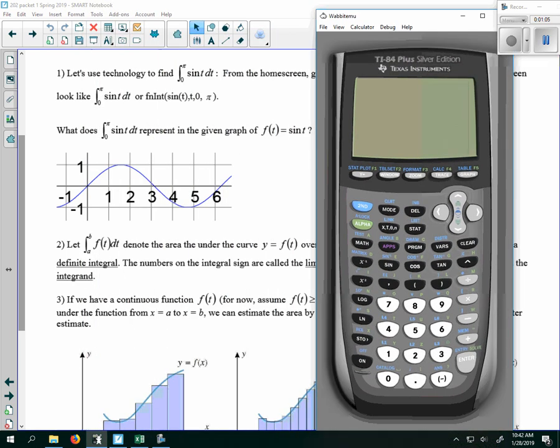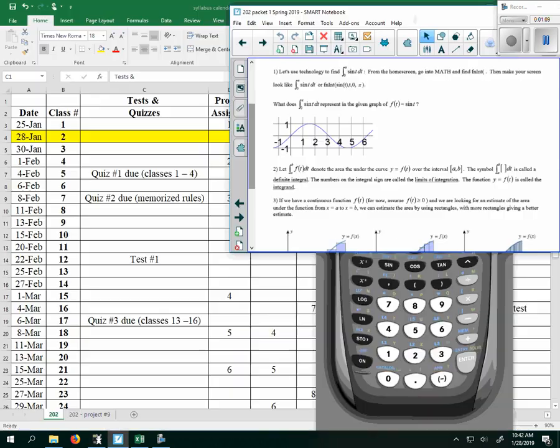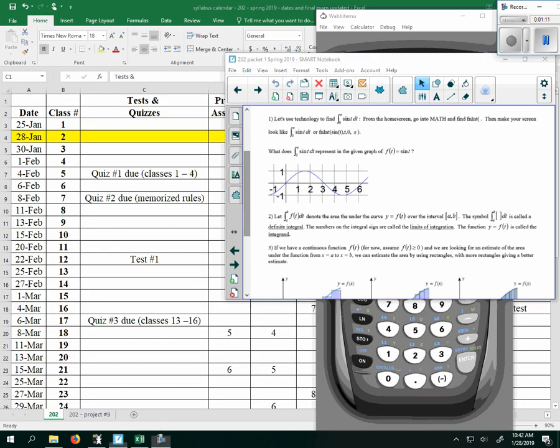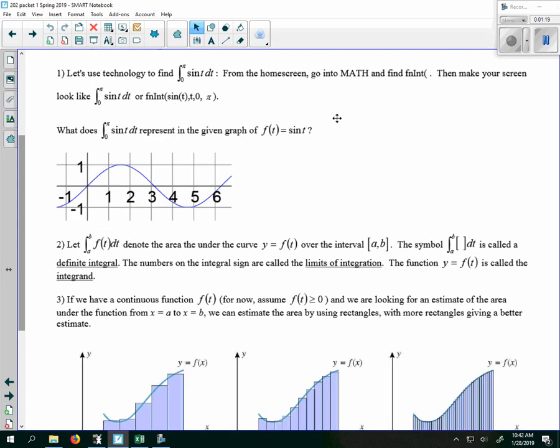So it says from the home screen, oops. From the home screen, we go into the math menu and choose FN int, that's for function integration.